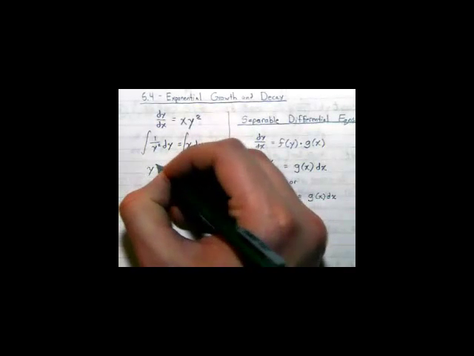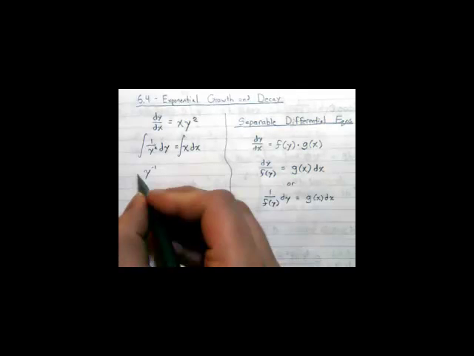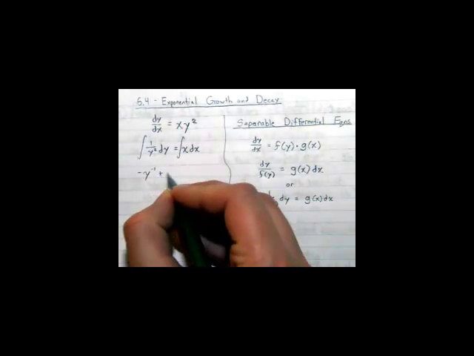So you bump the power up by 1 to make it y to the negative first. But then what else needs to be there? Make it negative. Because if I were to do the derivative of y to the negative first, I'd bring down the negative 1. So you'd have to have a negative there to compensate for that. So yeah, that's the antiderivative of that, plus a constant.